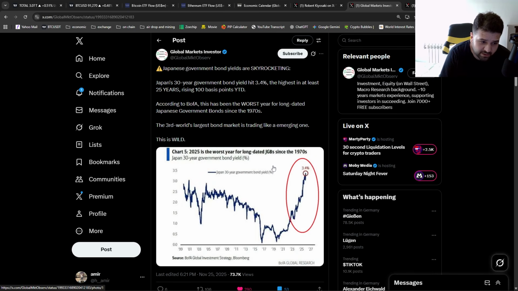The massive selling of 30-year Japanese government bonds by institutions and insurance funds would increase the severe debt pressure on the government. Japan has the highest debt to GDP ratio, likely 260%.